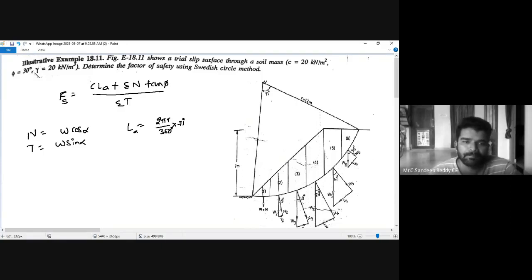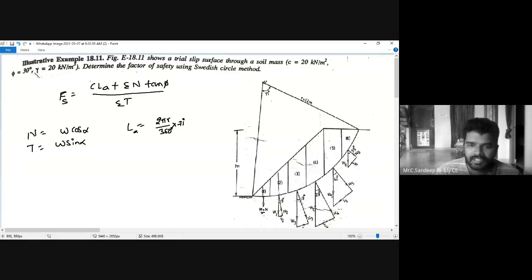So now here this weight you have to consider for each slice separately, so that you will get N value and T value separately for each slice. Right? You see the first slice where W is equal to N. Then the height you have to take is different. And the second slice you see, it is having alpha is equal to 9 degrees, and W2, N2 and T2 are there. And the third slice having 19 degrees of alpha, having W3, N3 and T3.